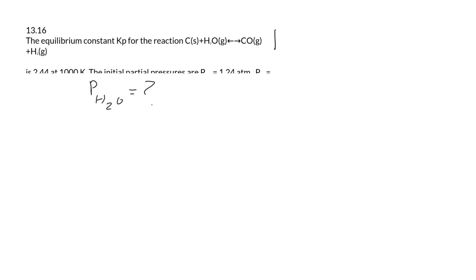So we've got K, and they've given us Kp, so we're working with Kp here. Products: you've got the partial pressure of CO times the partial pressure of hydrogen gas over the partial pressure of water.